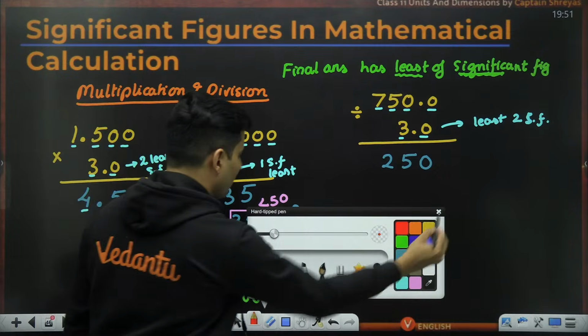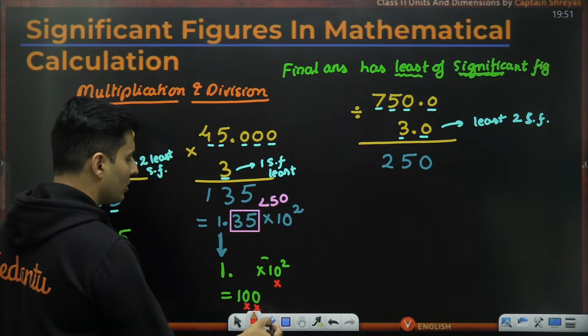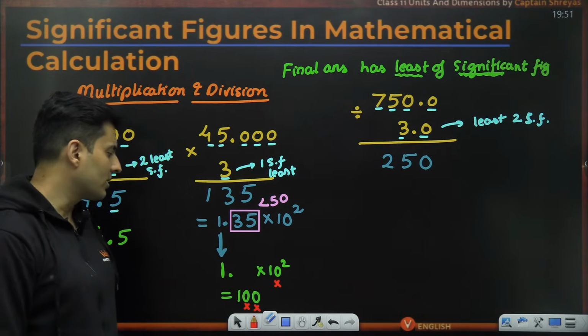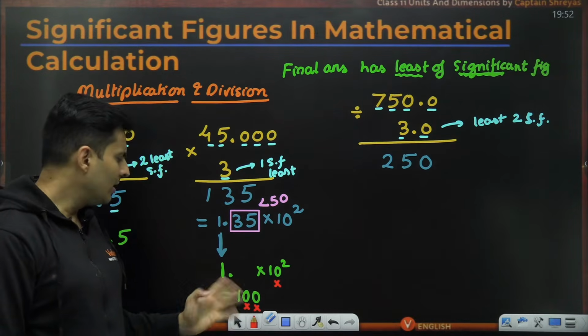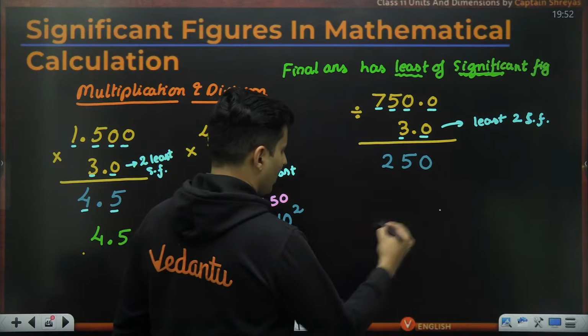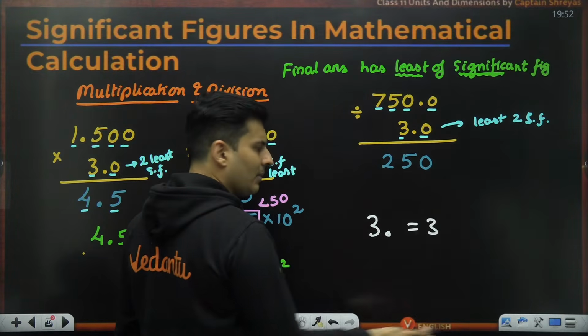Please remember, these zeros are not significant. These powers of 10 are also not significant. Is that right? So 1 point is the same as writing 1. A lot of people get confused. Sir, if I write this 3 point, is it the same as 3? Yes, it is the same as 3 only.